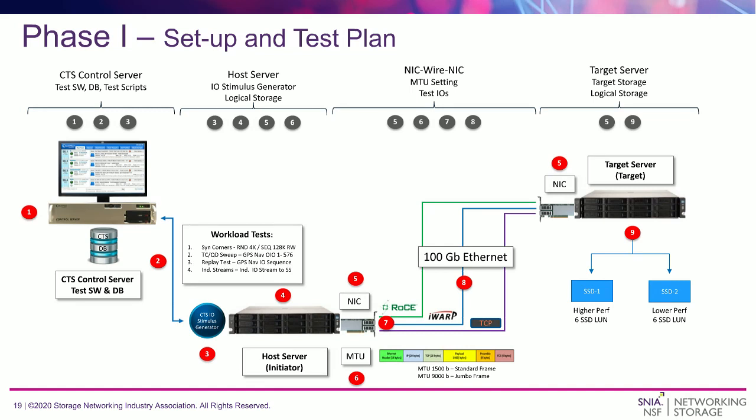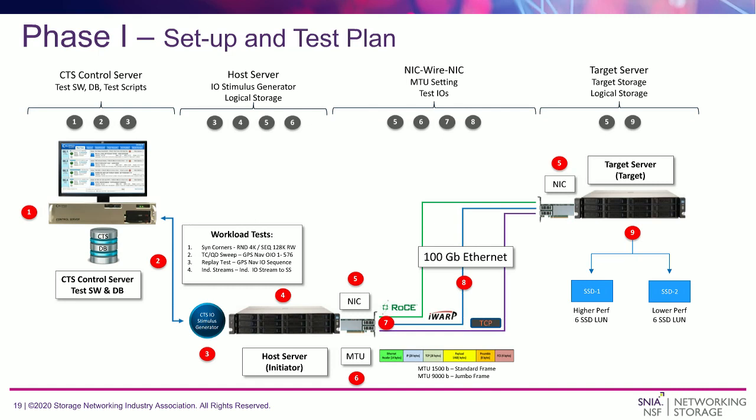And we communicate from the test software database to the host server, and we send the workloads across to be applied to the logical storage that the host server sees. The host server looks to the target server and identifies the target storage as logical storage.